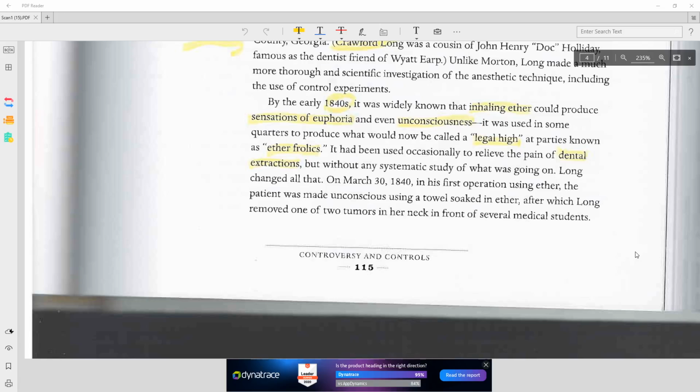Long changed all that. On March 30th, 1842, in his first operation using ether, the patient was made unconscious using a towel soaked in ether, after which Long removed one of two tumors in her neck in front of several medical students.